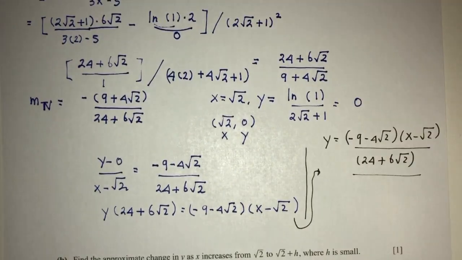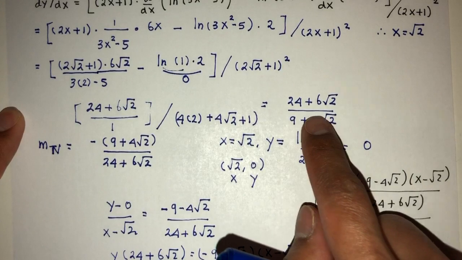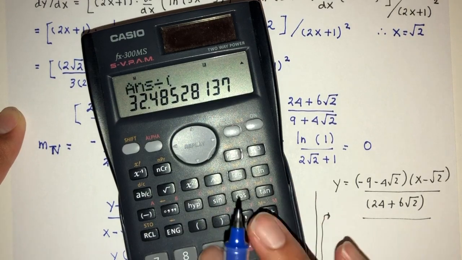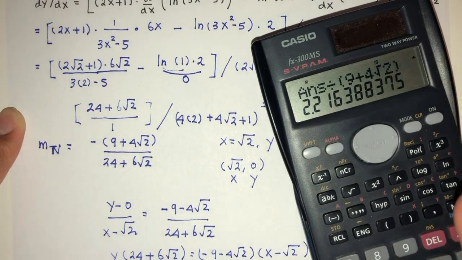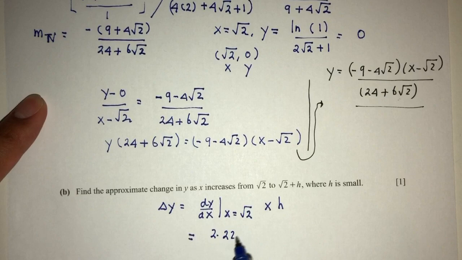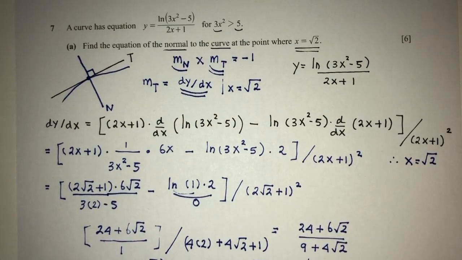We know this value already, it is the value right here, 24 plus 6 root 2 divided by 9 plus 4 root 2, that will be 2.22, so that will be 2.22h as my answer. That will be question number 7.